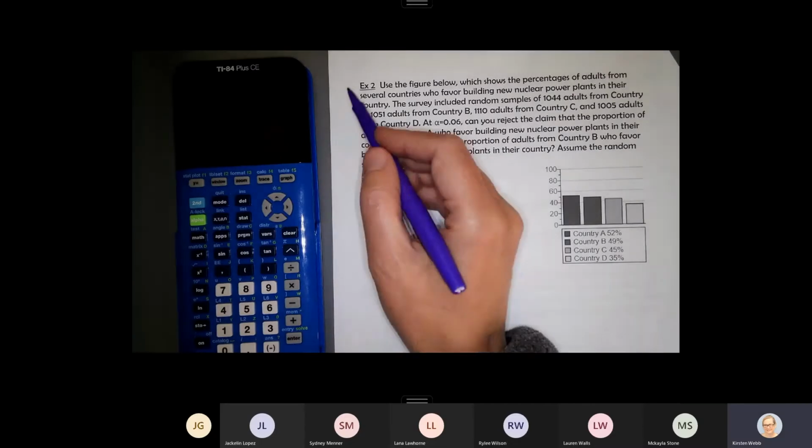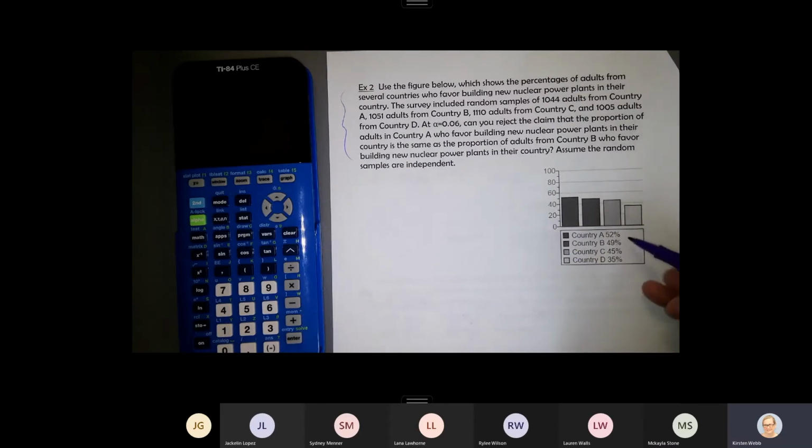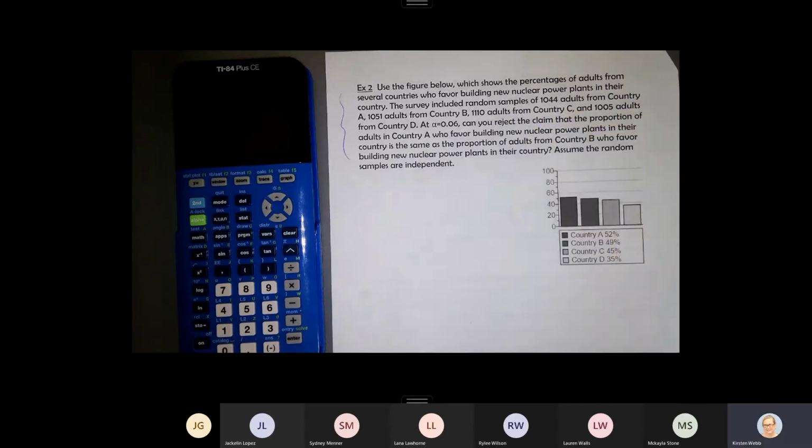If it's seeming okay so far, then we'll be ready to try example 2. And the bar chart down here that goes with it is the part I was mentioning that's a little different. We've got percentages to work with. So be sure to keep that in mind as you're reading through the problem, figuring out what they're telling us and what they're asking us. I'll let you get started. If you need any help along the way, let me know.